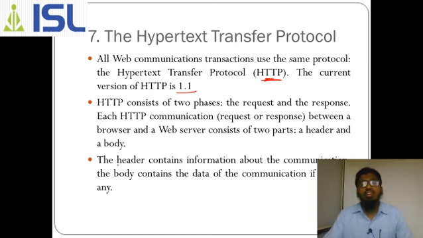So the two things are there in HTTP. First one is the header and second one is the body. The header contains the information about the communication, and the body contains the data of communication if there is any. Clear?